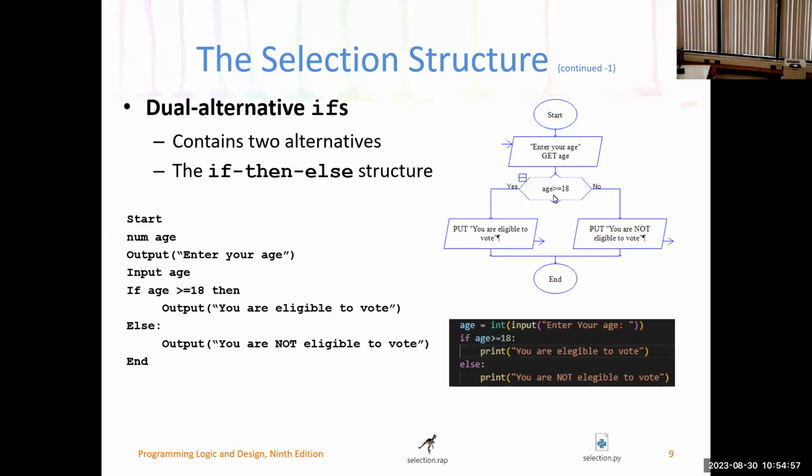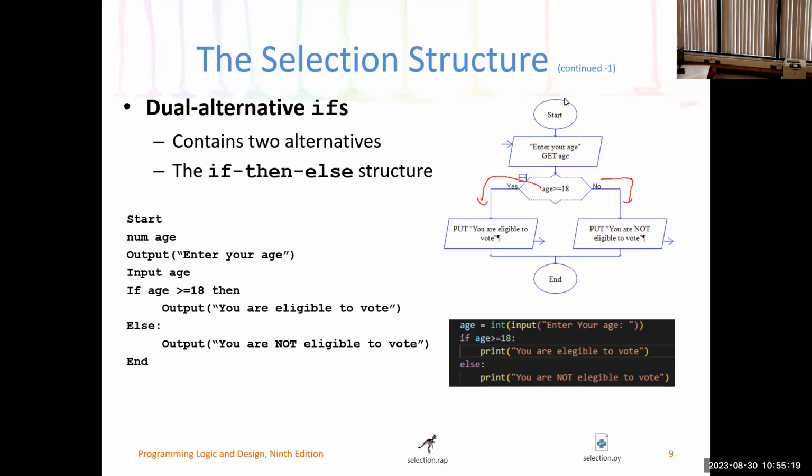So the code is a dual alternative because you have 2 alternatives here. If it's correct, you are eligible to vote. If not correct, less than 18, you are not eligible to vote.